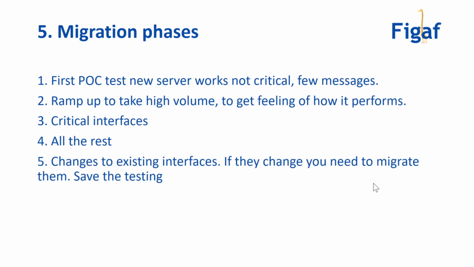So a little about what are the different phases that you would have in the migration. I think the first thing would be to just move a single interface or a few interfaces up that are maybe just file to file, a simple mapping, not anything that's connecting to everything else, and take it in the critical few messages category.